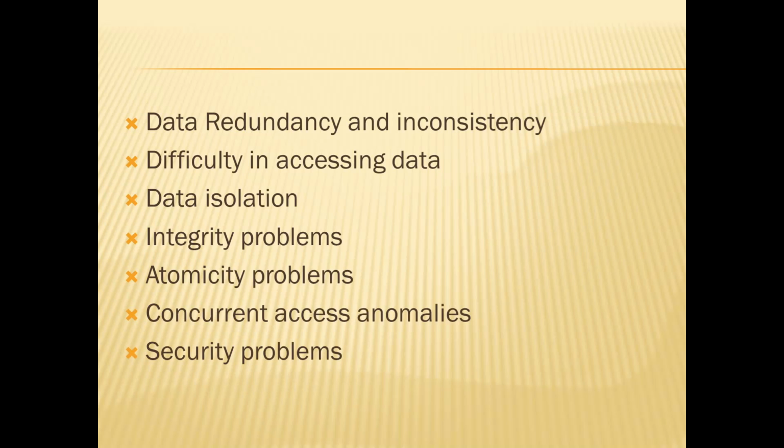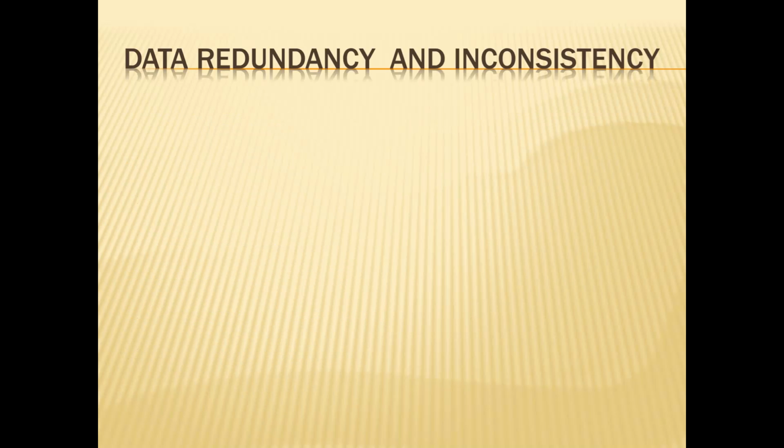Now, all these 7 issues were found in the file processing system and could not be addressed properly by it. So we needed to move on to the centralized database management system where all these anomalies will be rectified. And we'll see one by one what those pitfalls are and how to overcome them.